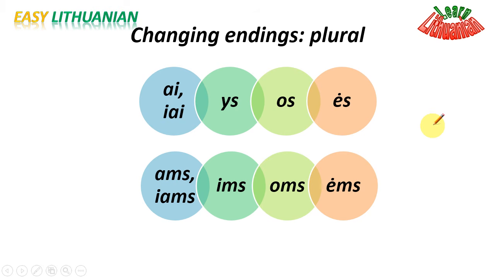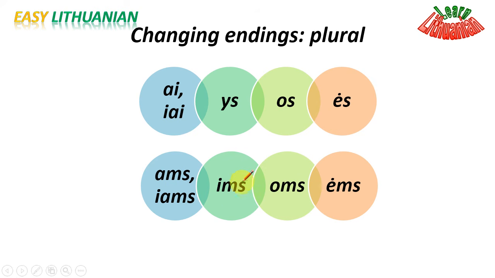Now, however, the trouble starts in spoken Lithuanian, since in spoken Lithuanian the s can be left out. So the endings can be am, im, om, am. So the last letter is m. In spoken Lithuanian, the majority of people, I could say, leave the s out.